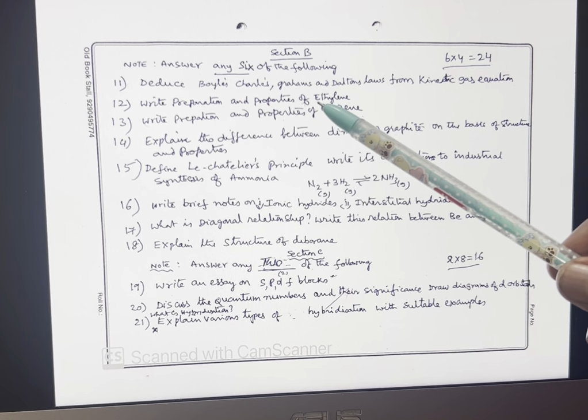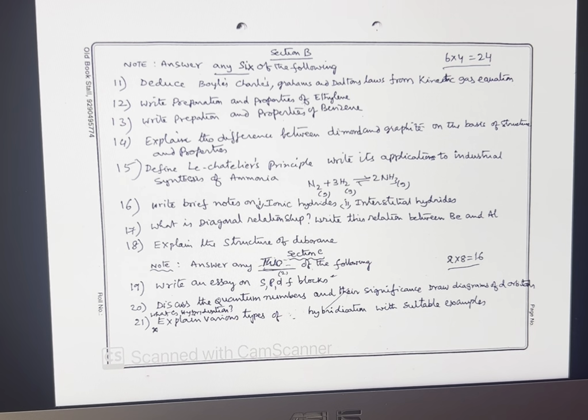Write preparation and properties of ethylene. While writing in organic chemistry, you have to prepare at least 3 preparative methods along with equations, and 6 properties along with the correct equations, then you will definitely get the marks, either a 4 marks or 8 marks question, and you can write correctly also.